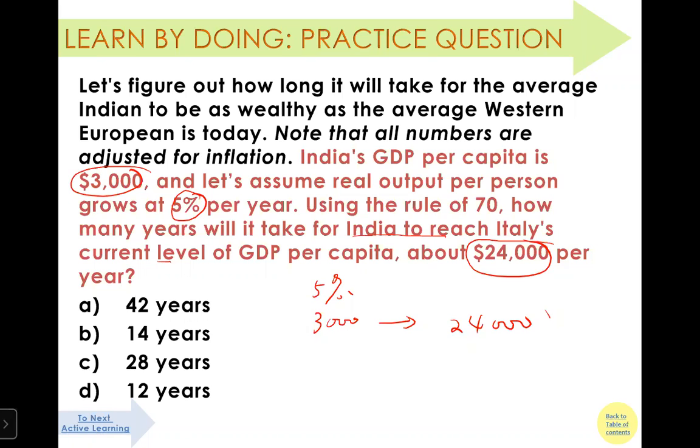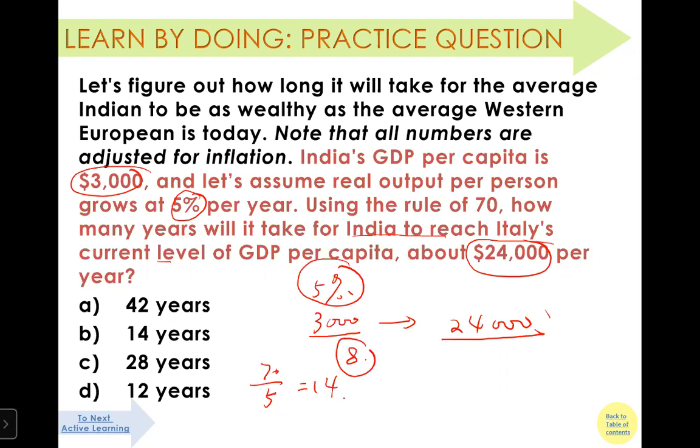First, we need to find out the change from 3,000 to 24,000. The answer is 8, so you grow by 8 times. Now, the rule of 70 says 70 divided by 5 equals 14. 14 years to double.